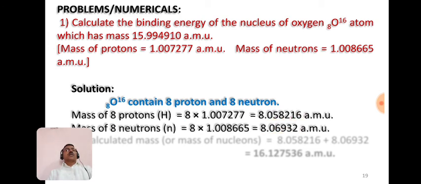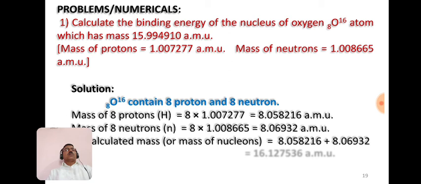Mass of 8 neutrons is equal to 8 into 1.008665, the value of the mass of one neutron. So 8 into 1.008665 is equal to 8.06932 atomic mass unit.